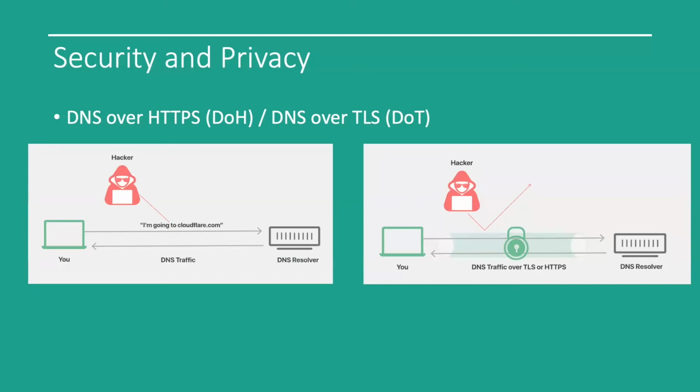Now, if they're identical and pretty similar to each other, why do we have both of them? Because DOT uses TLS for encryption of DNS traffic, and DOH sends DNS traffic over HTTPS encrypted, and HTTPS uses TLS, so they're basically the same, right? Well, the main difference is ports.